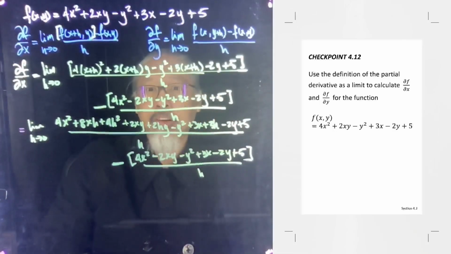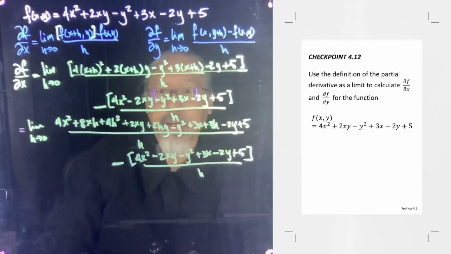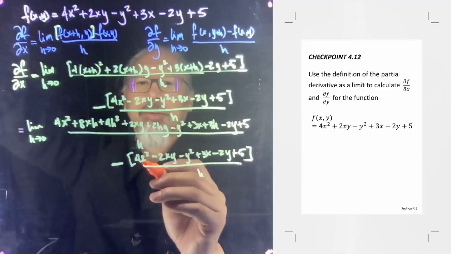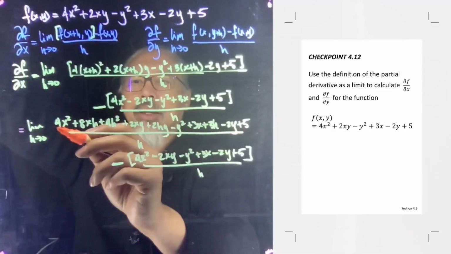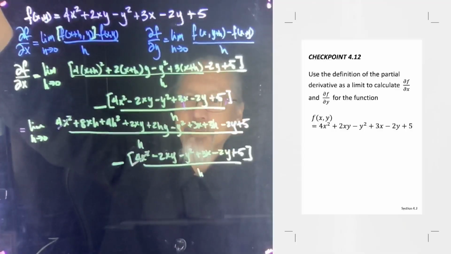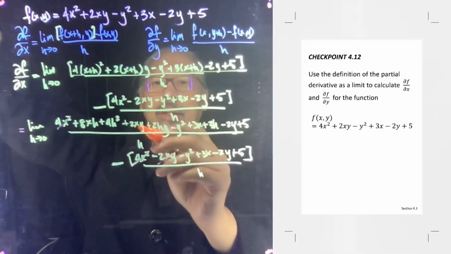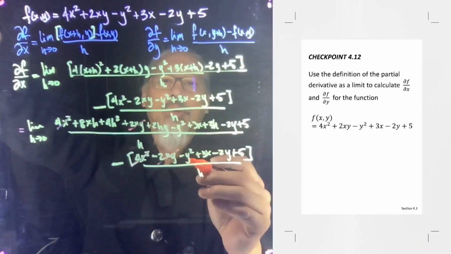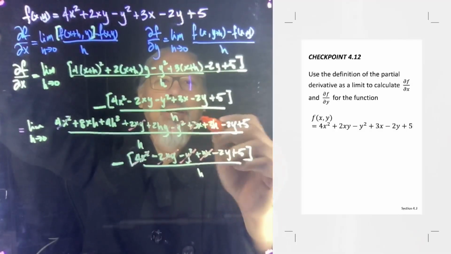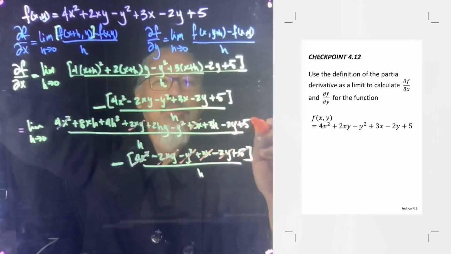Now if we focus on this line over here, which is actually one line, we can see that some terms match with a negative and cancel out: the 2xy and 2xy, the y squared, the 3x, the 2y, and the 5.